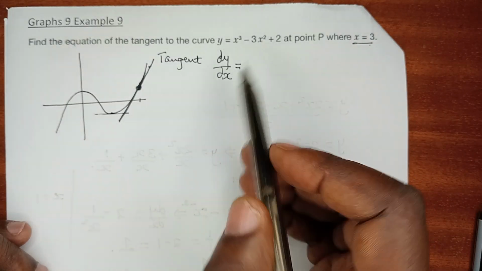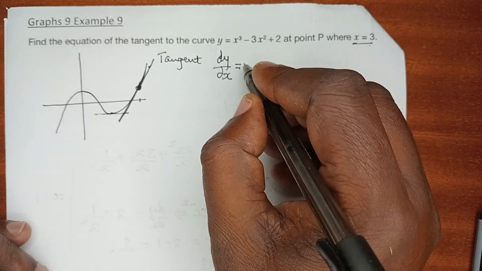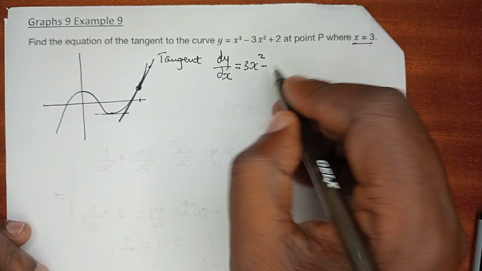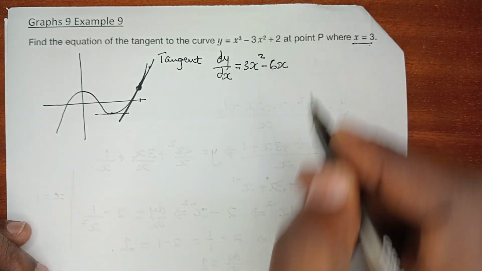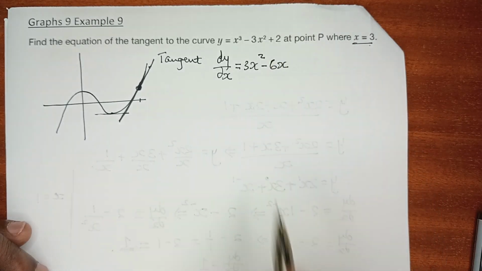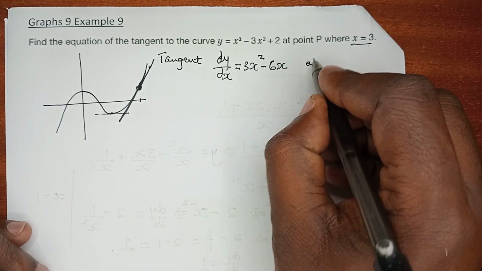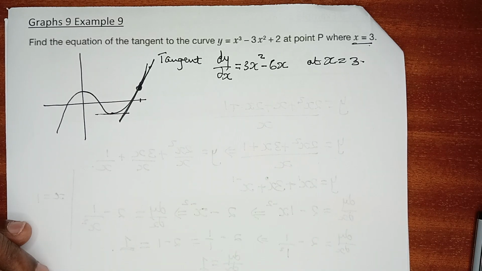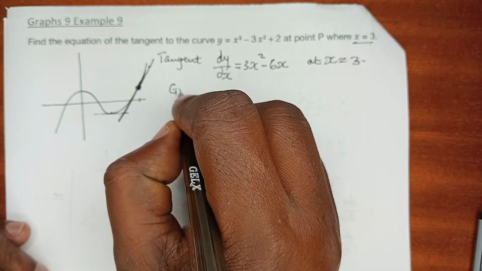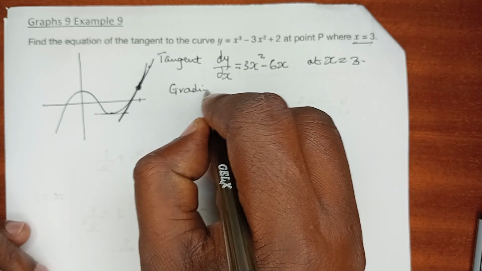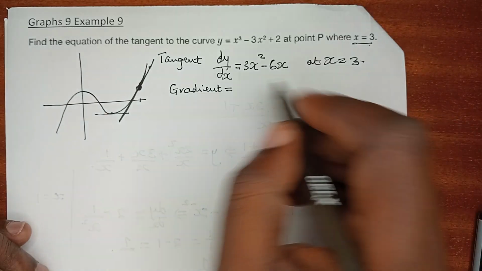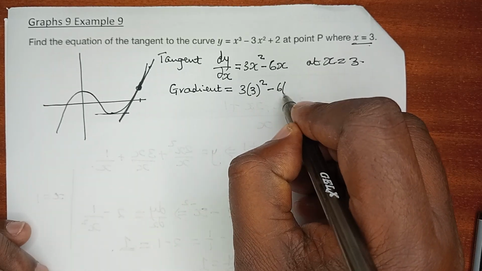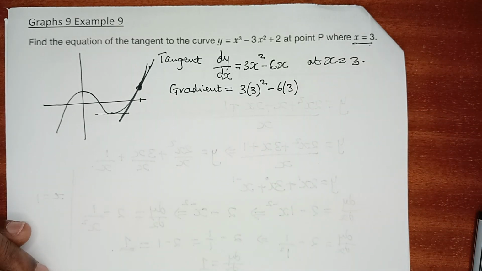Now the gradient of the curve is 3 times 1, which is 3x squared, minus 2 times 3, which is minus 6x, and that is it, because the constant is going to die. So at the point where x is equal to 3, the gradient dy/dx becomes 3 times 3 squared minus 6 multiplied by 3.